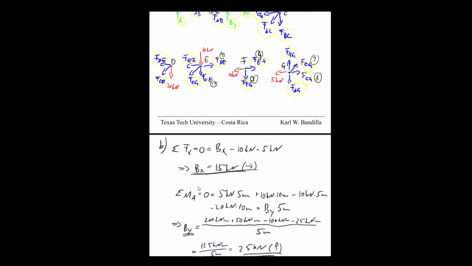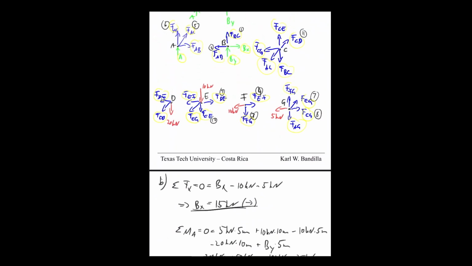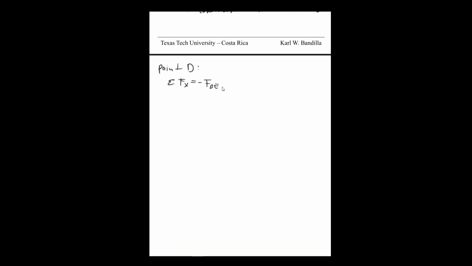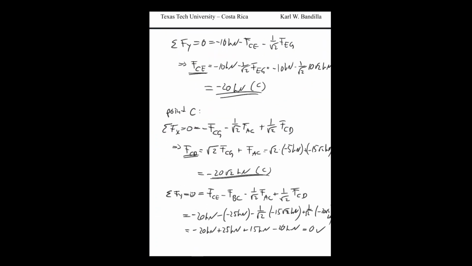What do we have at point D? Let's go in the x direction first. We have DE. So sum of forces in the x direction was minus FDE, and then minus 1 over the square root of 2 FCD. FDE there, 20 kilonewton.